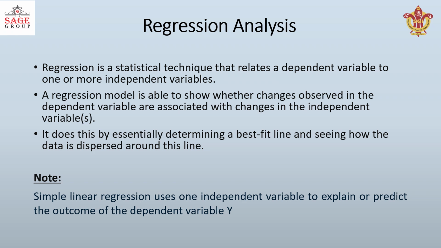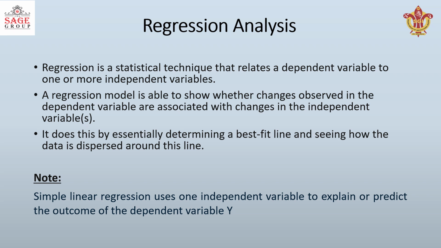We have one independent variable in the case of a simple regression model. In the case of a multiple regression model, we have several independent variables. It does this essentially by determining a best fit line and seeing how the data is dispersed around this line.